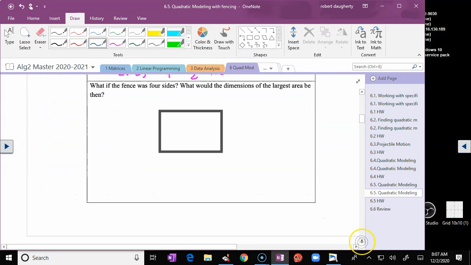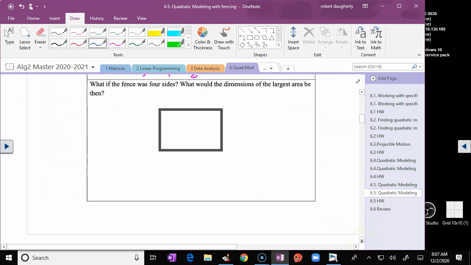How would this problem differ if the fence were 4 sides, okay? So something very similar, let's just go ahead and say, okay, these two sides are x, okay? The other sides that I don't know, well, I know that they match, okay? Then what do I know here? I know that 2x plus 2y is equal to how much fencing do I have?